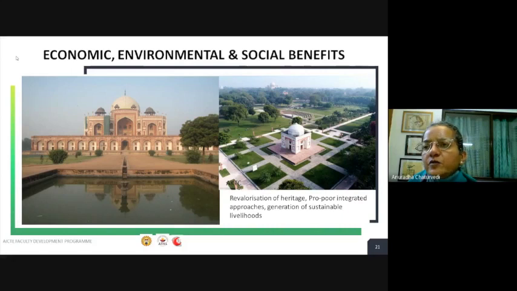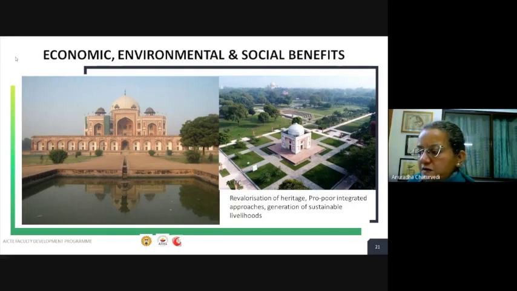This kind of approach has been demonstrated in a project which was undertaken from 2007 onwards, a sustained effort and initiative for integration of heritage resources for developmental purposes by the Aga Khan Trust for Culture in the area which is known as Hazrat Nizamuddin and the Humayun's tomb.